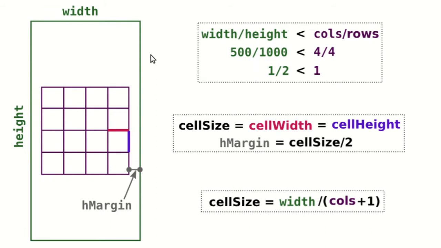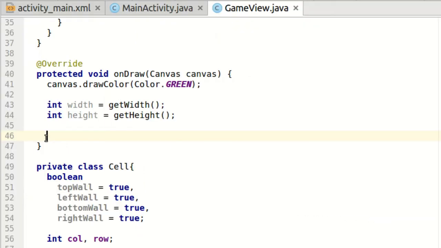In the other scenario, the width of the canvas divided by its height is less than the number of columns divided by the number of rows. In this case, the cell size is the width of the canvas divided by the number of columns plus 1. Now that we know how to calculate the cell size, let's put the code in our onDraw method.